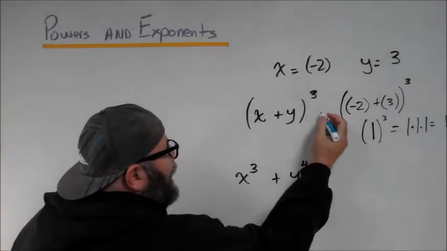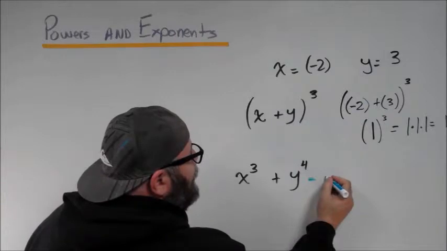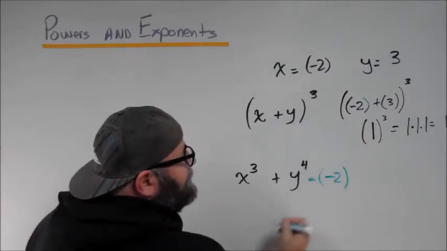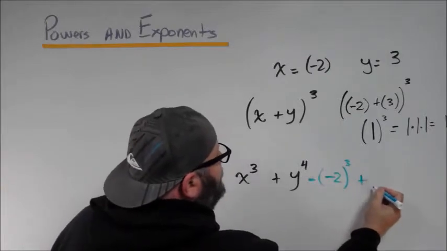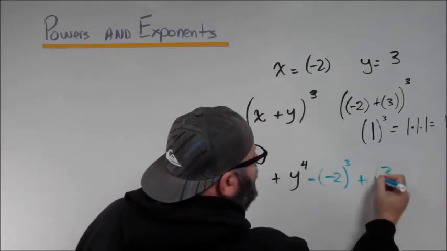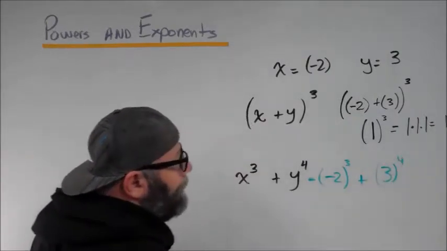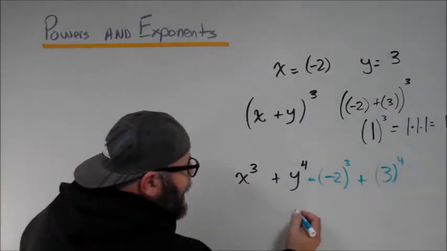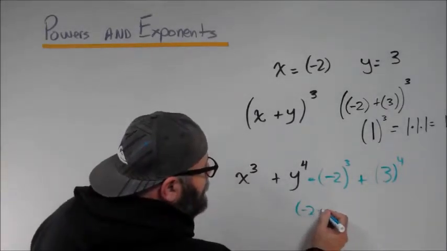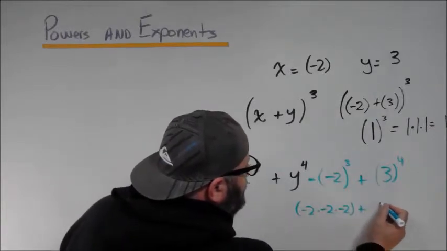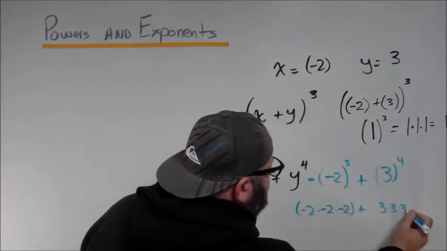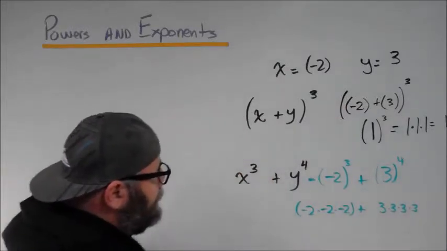So here we've got an equivalency. We're going to say -2, don't forget your parentheses, raised to the 3rd power, plus 3, parentheses, raised to the 4th power. So now I've got -2 times -2 times -2 plus 3 times 3 times 3 times 3.